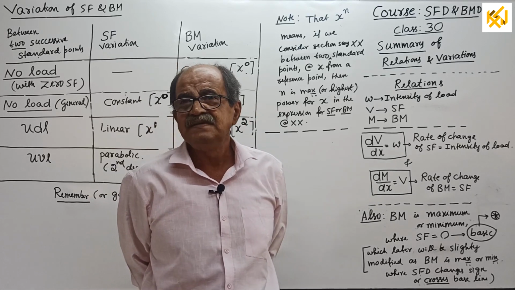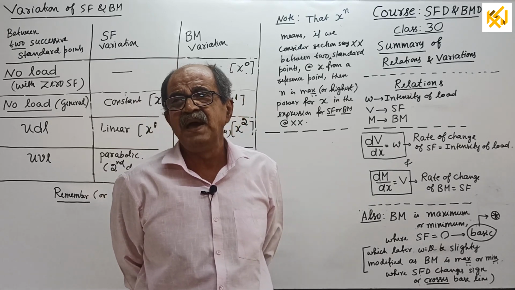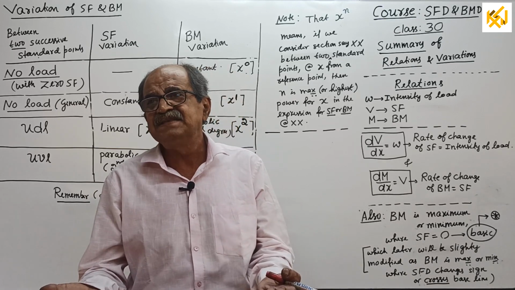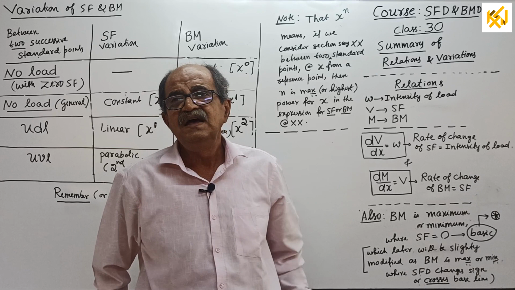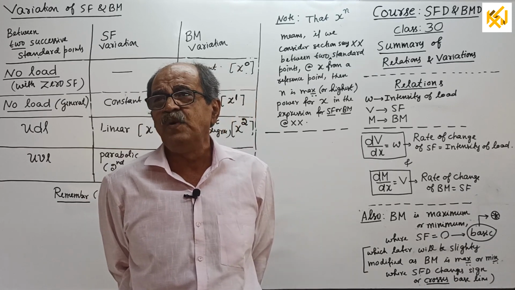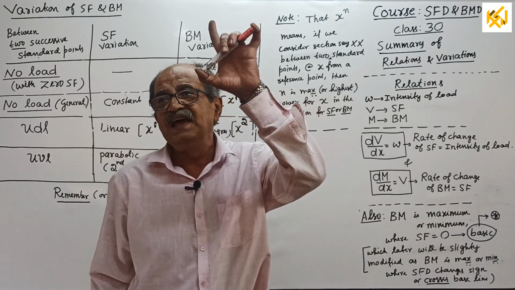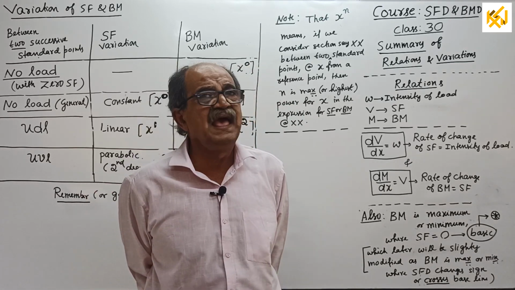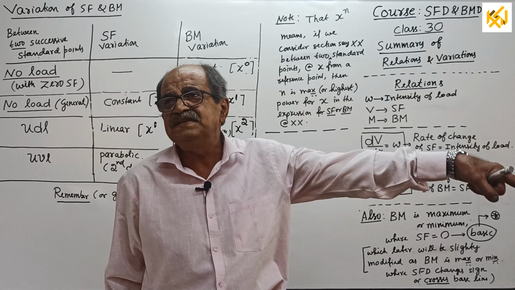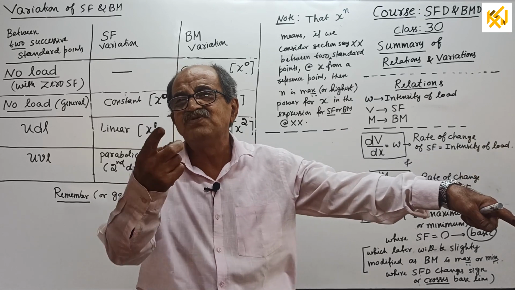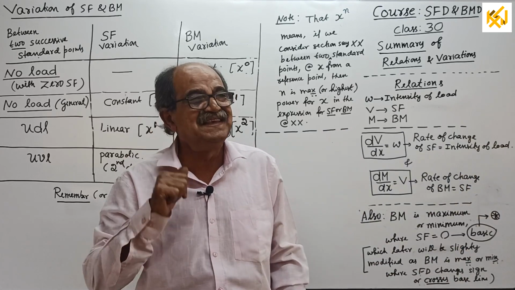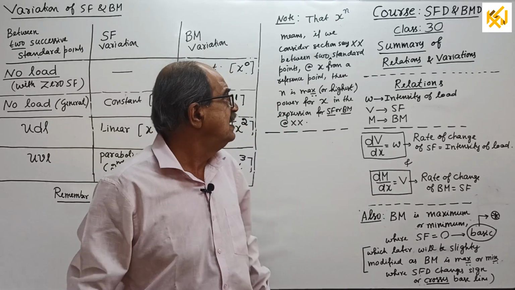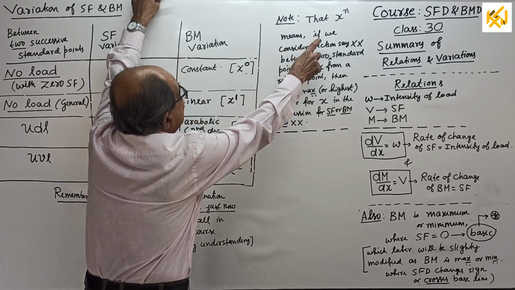Or BM, suppose you get 30x minus 45x, it is once again x only, the highest power is 1. Or 30x minus 50x square, the highest power of x is 2. Or 75x minus 6x cube by 6, then the highest power is x power 3. So that is called x power n.